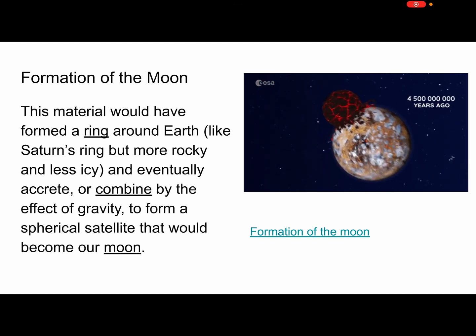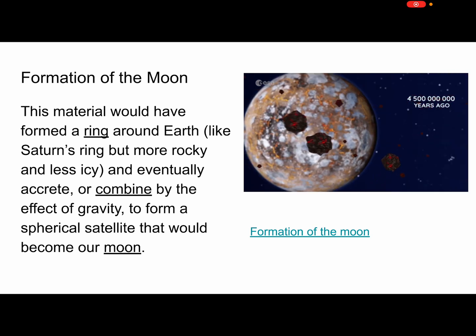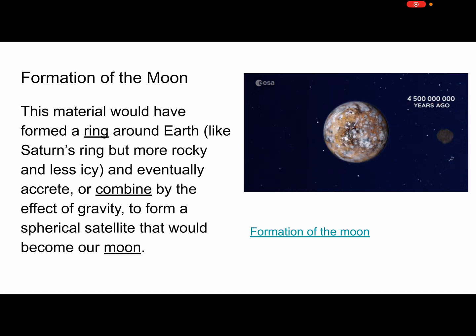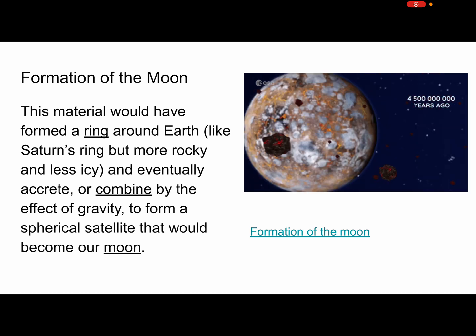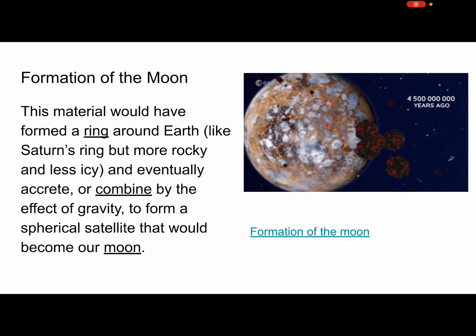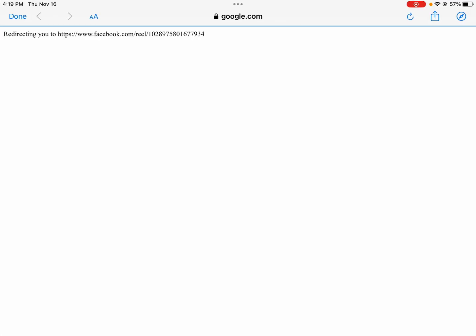Okay, so this material would have formed a ring, kind of like Saturn's ring, but it's going to be more rocky and less ice. It'll eventually accrete, come together. Those little chunks are going to combine due to the force of gravity and become what we know as the moon. So I'm going to show you a little clip here.